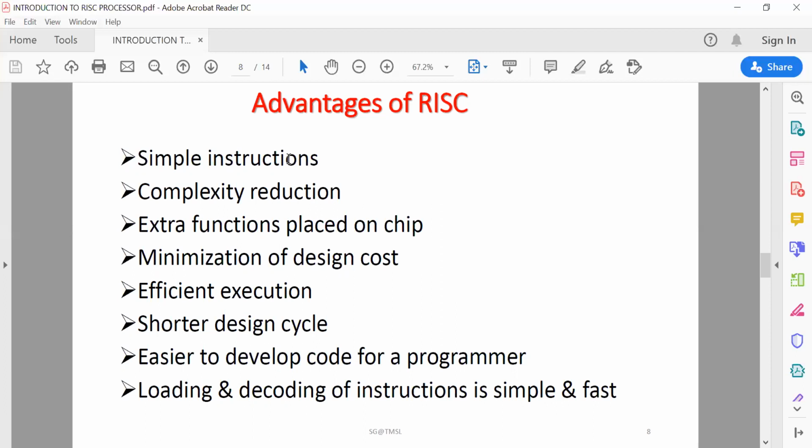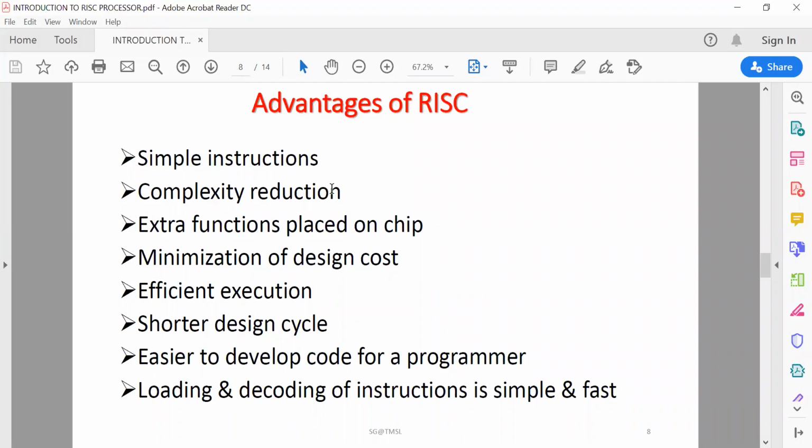The next point: a set of simple instructions in RISC results in reduced complexity of the control unit and the data path. As a consequence, the processor can work at a high clock frequency and hence higher speed.